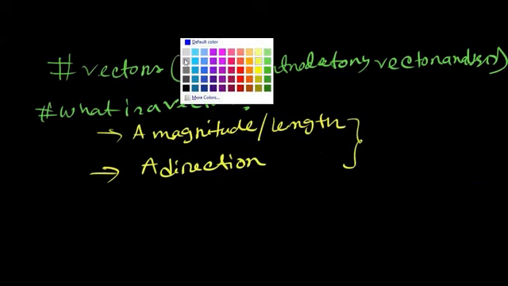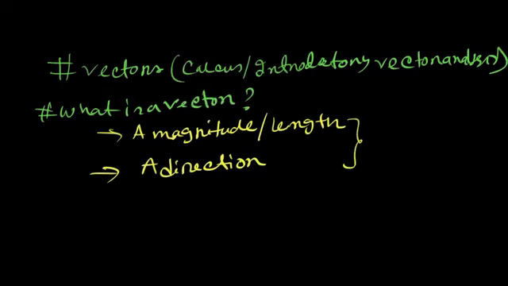And how can we represent these vectors? The idea that comes to our mind immediately is that it's something like an arrow. So let's say this is a vector. We write an arrow over it, just to note that this A is actually a vector.